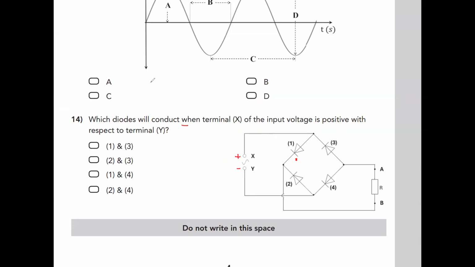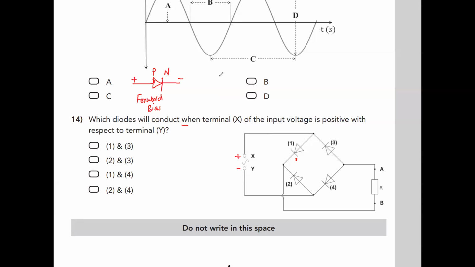For example, if we have a diode like this, remember that in this diode, this arrow is actually my P side and this line is actually my N. When P is connected with the positive terminal and N is connected with the negative terminal, we call it forward bias. And in forward bias, current flows.